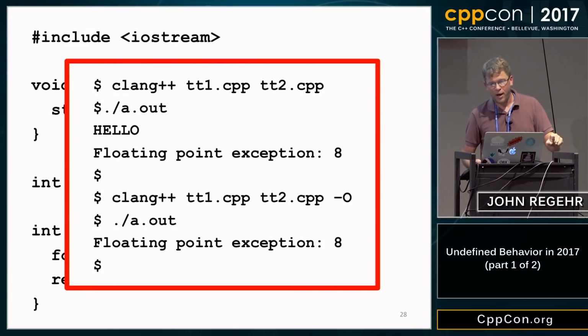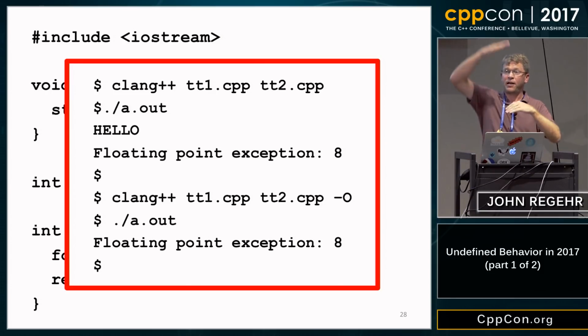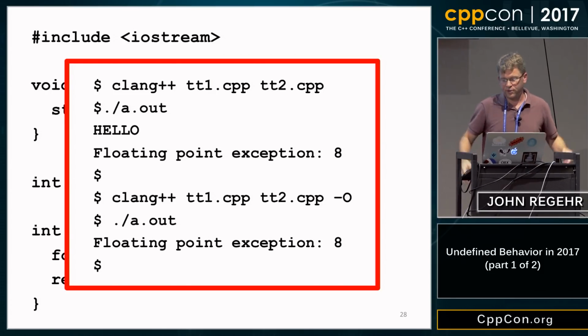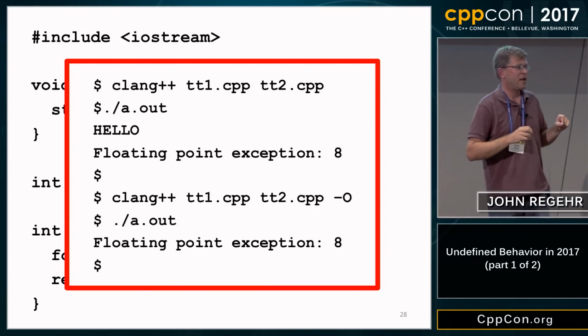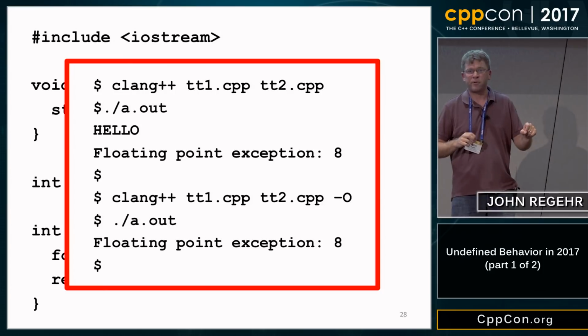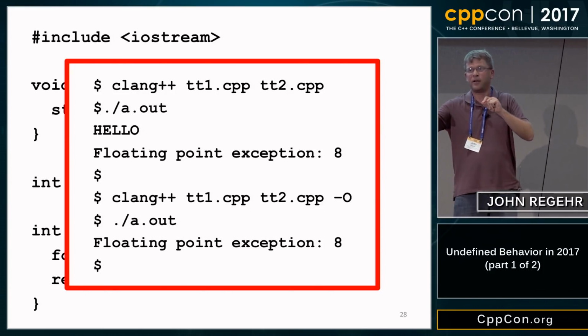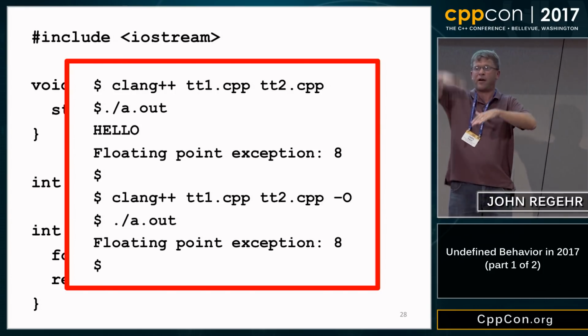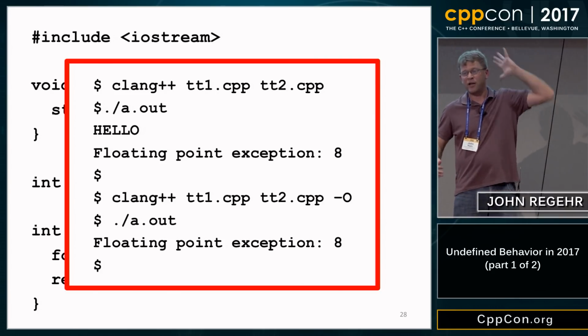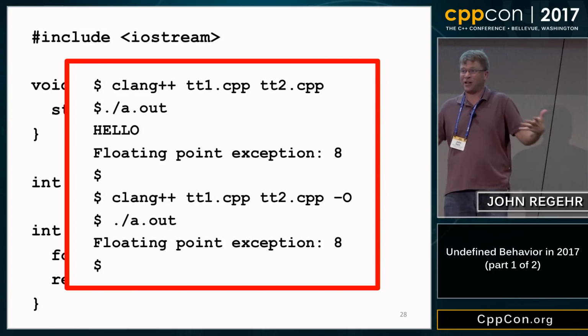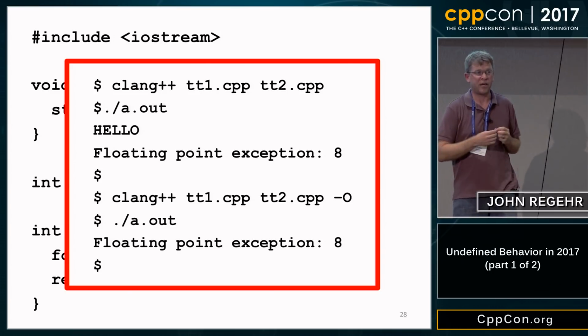You do it again with the optimizer turned on, and it doesn't print hello because the instruction which terminates the program preceded the print. So this is something that I personally kind of hate, right? Because the whole reason I put that printf in there presumably was like a "got here", right? I got here, and so we didn't crash. So now I've bisected my program into the part which could have generated the crash and the part that couldn't generate the crash. And now that bisection has potentially been invalidated by some instruction reordering.